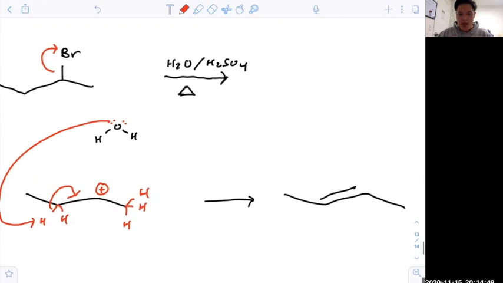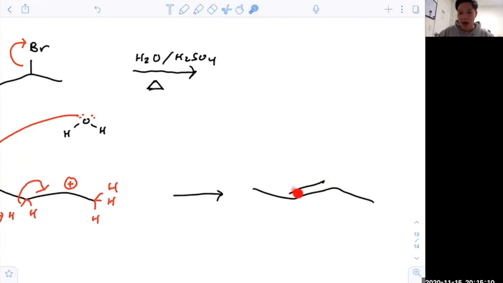You can see how that happens right here, where if we number this carbon 1, carbon 2, carbon 3, carbon 4, we take the bond from carbon 2 and we put it to carbon 3, right? And then now we have carbon 1, carbon 2, carbon 3, and the alkene is on carbon 2 and carbon 3, right?